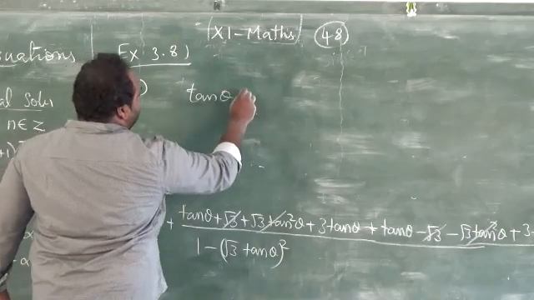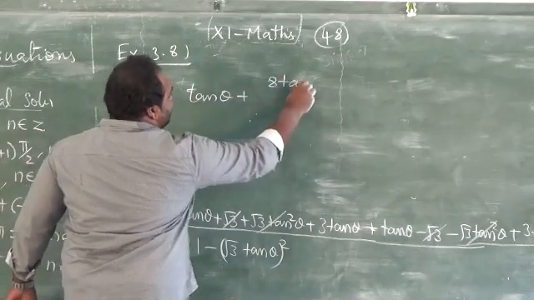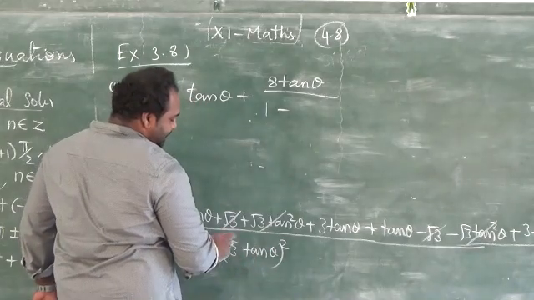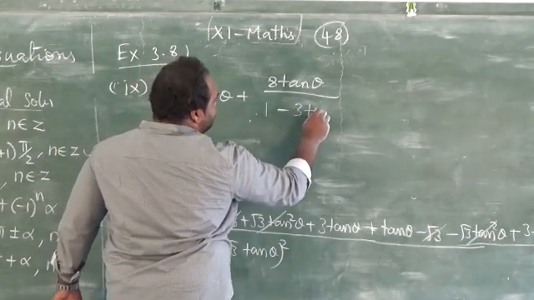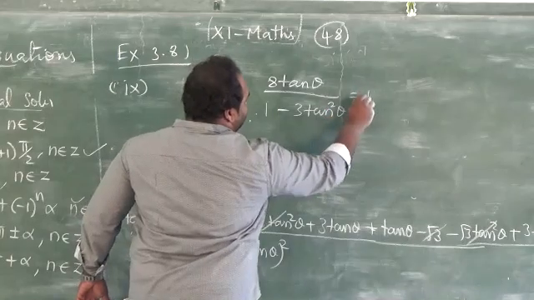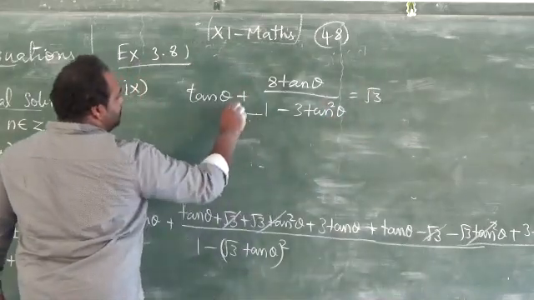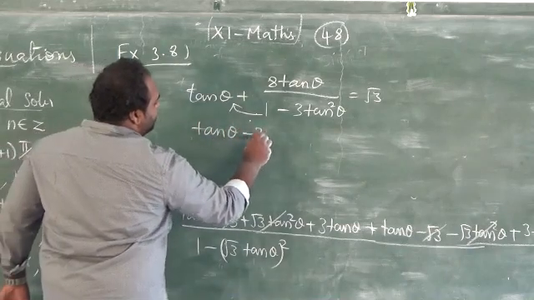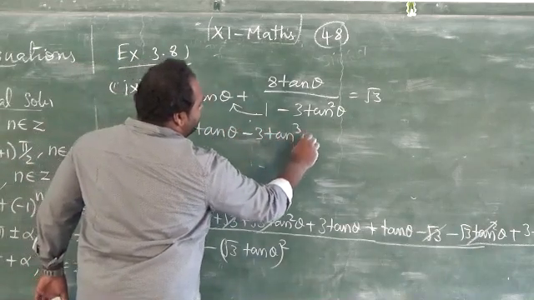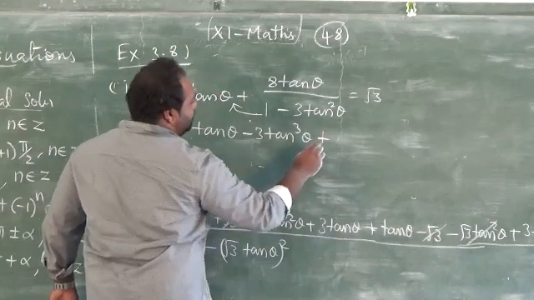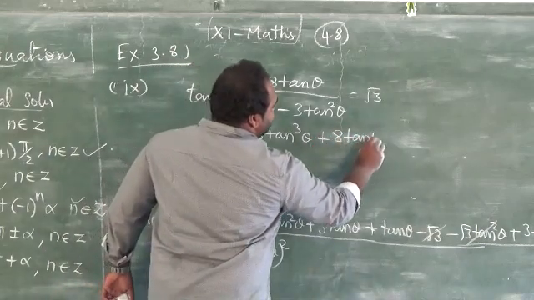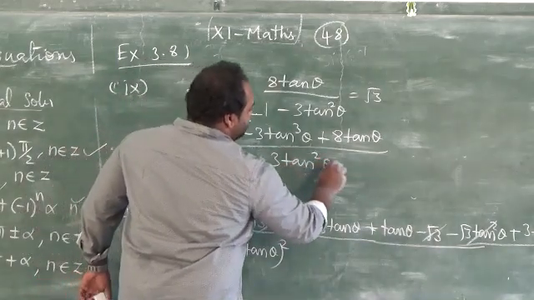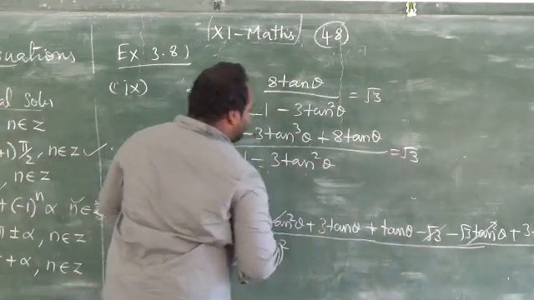Tan theta plus 8 tan theta by 1 minus, squaring inside, the root 3 will be cancelled, 3 tan square theta, equal to root 3. Just cross multiply: tan theta minus 3 tan cube theta plus 8 tan theta by 1 minus 3 tan square theta equal to root 3.